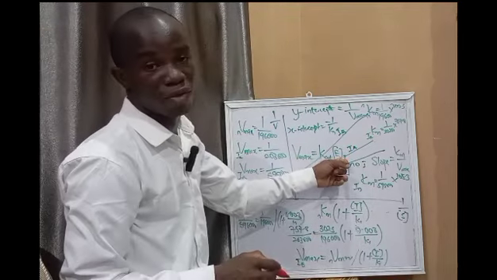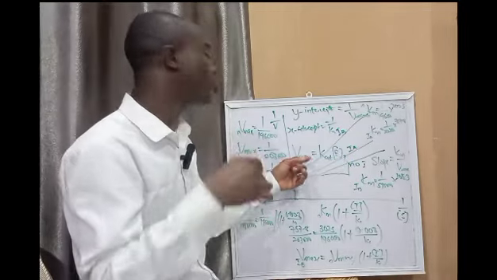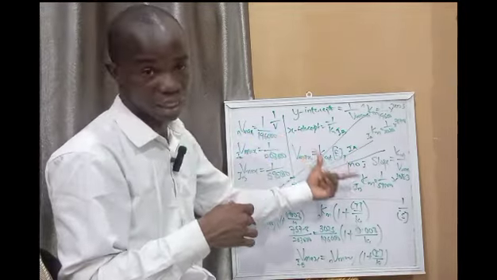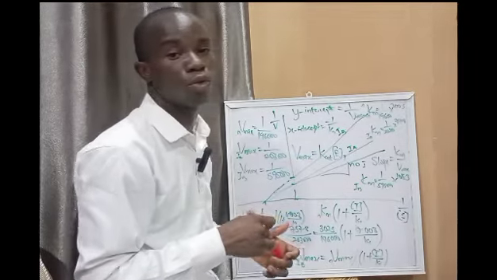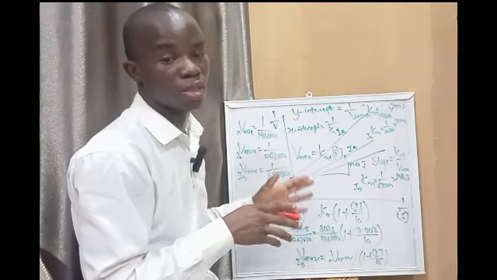So if they have given you the total enzyme concentration in the question and you've already gotten the Vmax from the graph like this, then you can get the turnover number, and that's how to go about it.